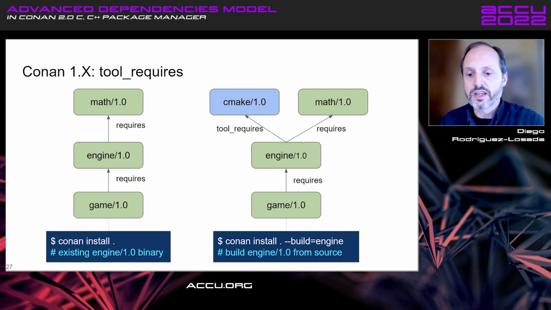But if in another situation, we are building engine from source because maybe that precompiled binary doesn't exist, then the tool requires is used. And in this case, the dependency graph will contain the CMake tool requires of engine. So engine can be built from source. It will require that CMake version here applied to engine.